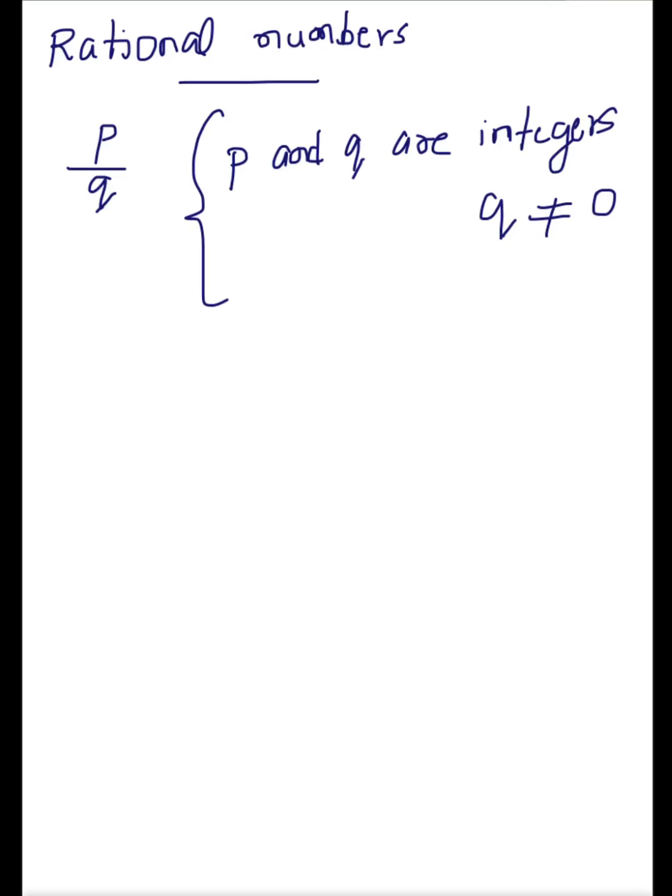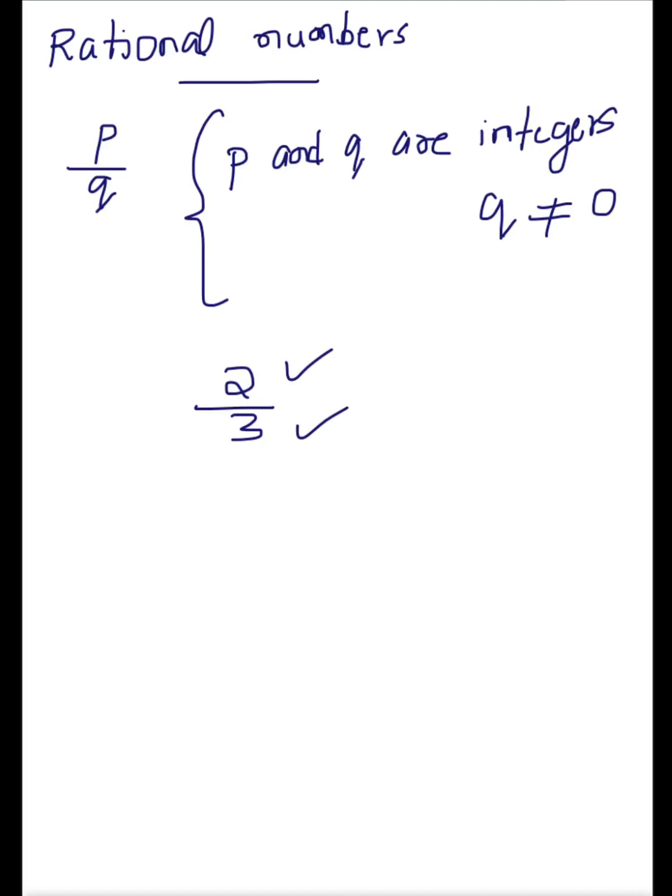P and Q are integers means it can be a positive or a negative integer. Suppose 2 by 3. This is a rational number, because 2 is an integer, 3 is an integer, and 3 is not equal to 0. The denominator should not be equal to 0.